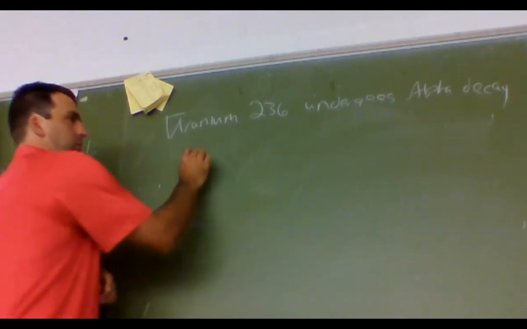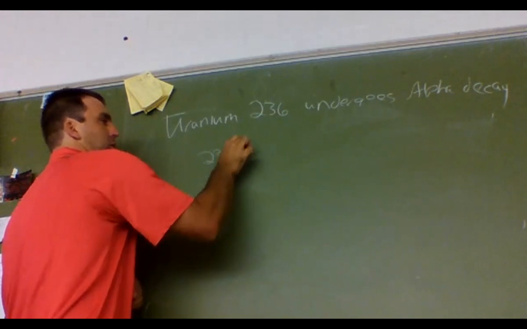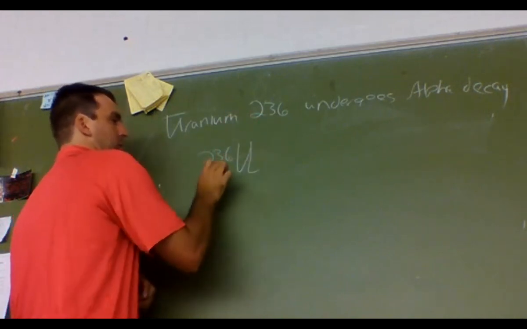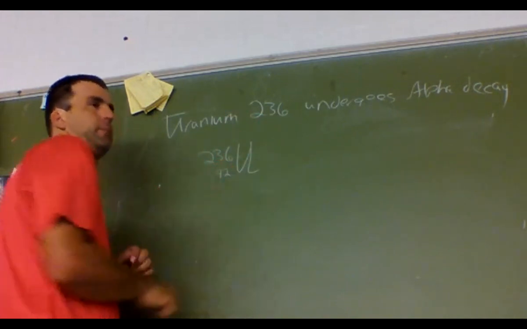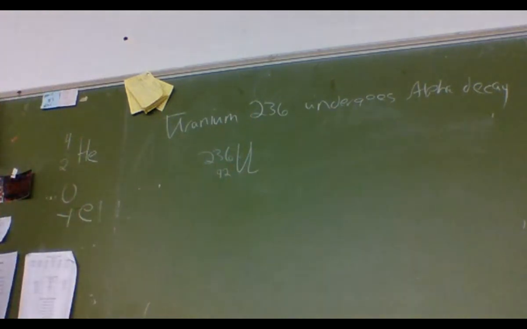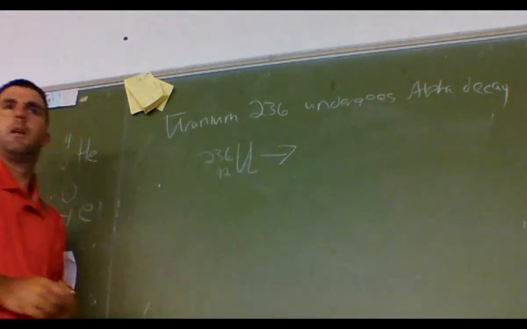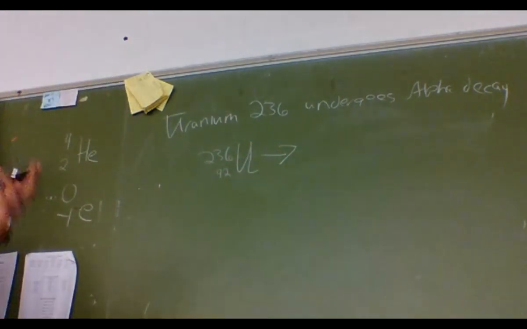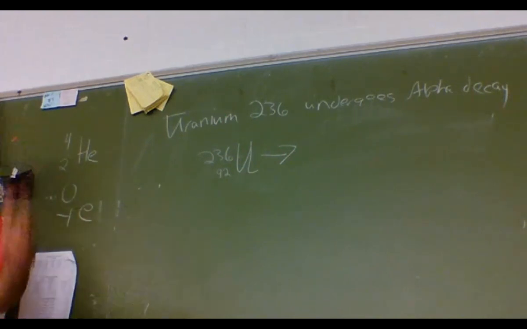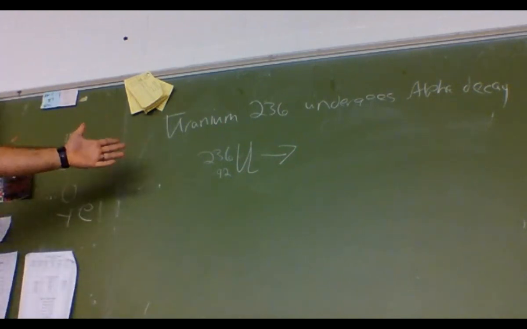So that's 236, U, 92. It undergoes alpha decay, so that's going to be my only thing in my reactants, correct? Are they always giving you a mass number? Yes. Well, it might ask you, what's the mass number of the original nuclide if it undergoes alpha decay and makes something else? You might have to fill in that blank.